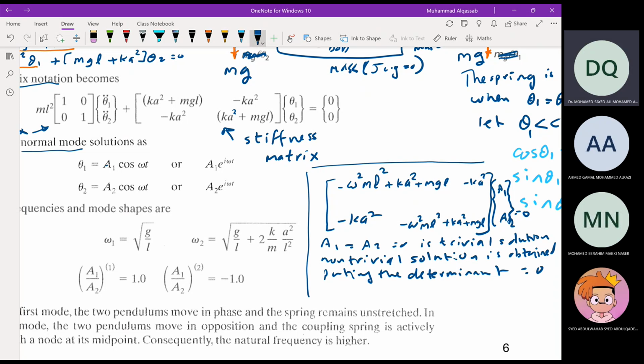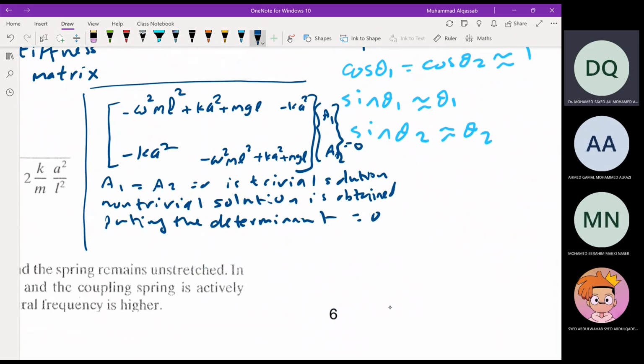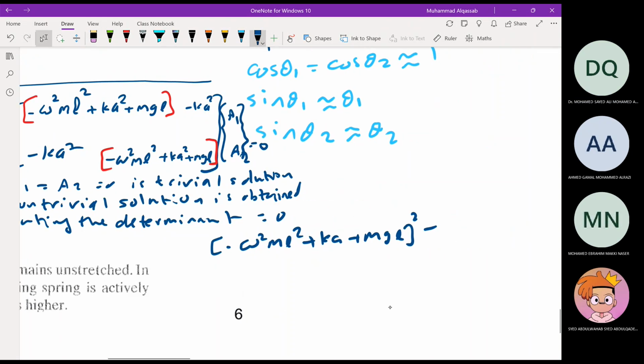Okay, so the determinant, as you can see, this term is equal to this term. So the determinant will be squared: minus omega square ml squared plus Ka squared plus mgl, the whole thing squared, minus Ka squared equal to 0.